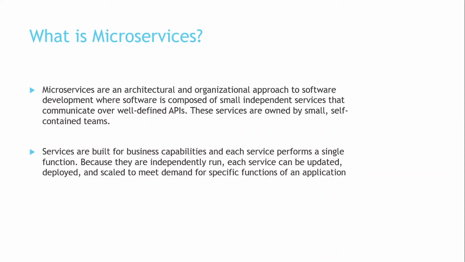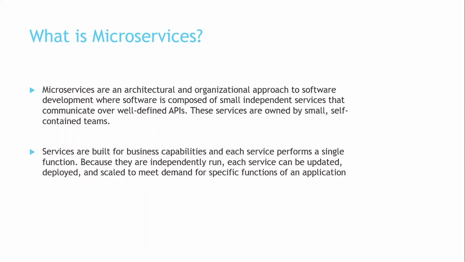Then we'll be using that service in the main app by using that API. So that's why it is independently running our service, which is payment, or it can be any service according to our business needs or business capabilities. Each service can be updated, deployed, and scaled to meet demand for a specific function of an application.